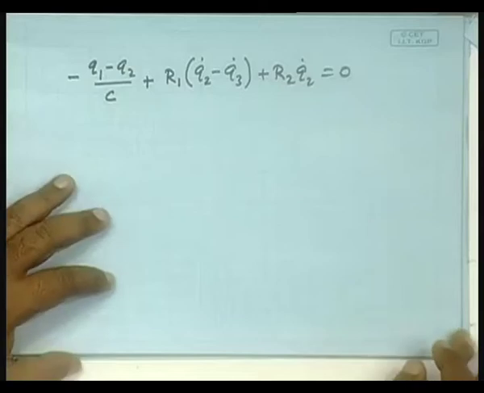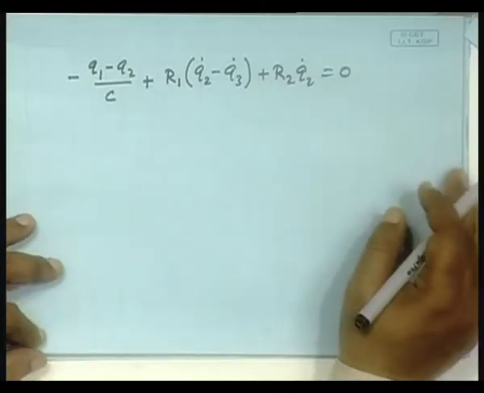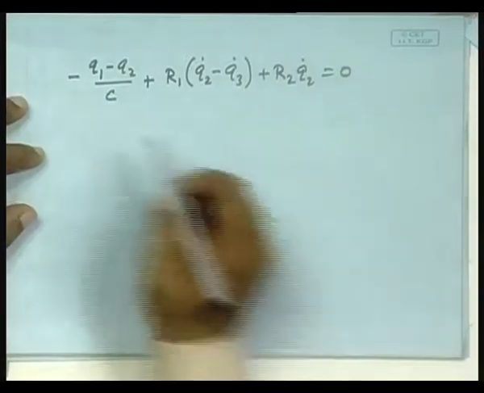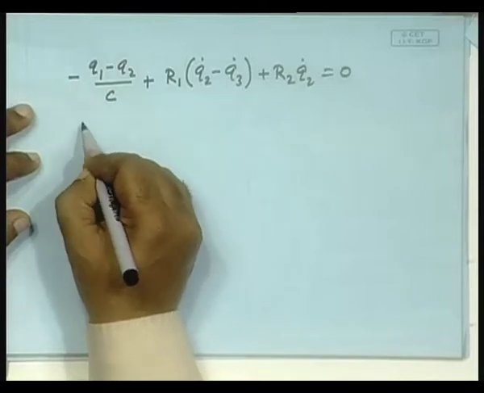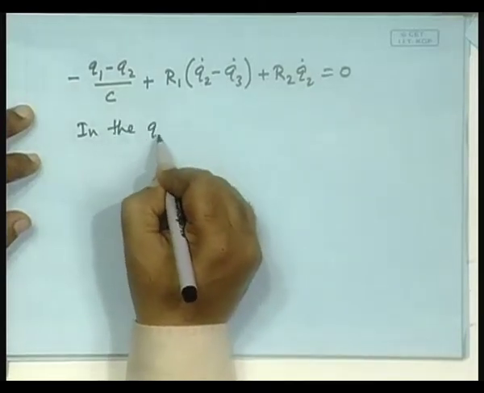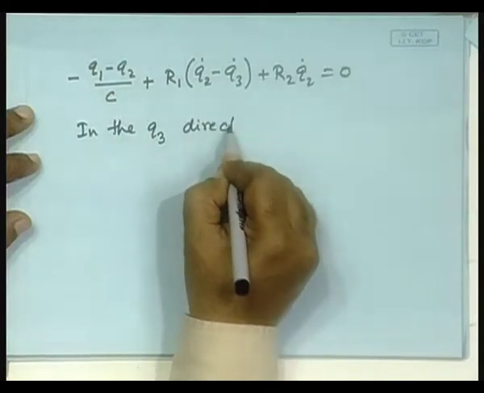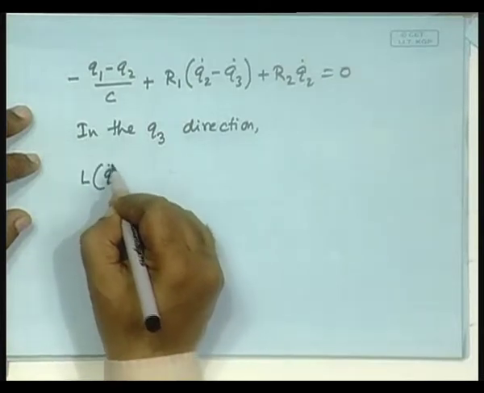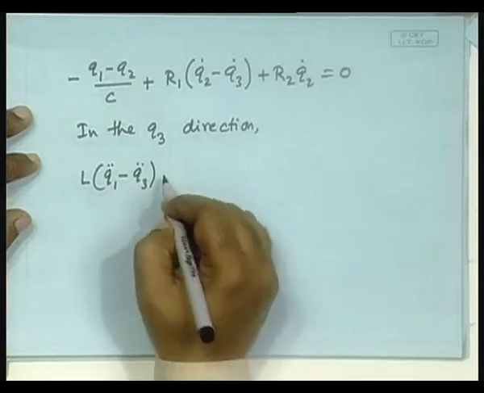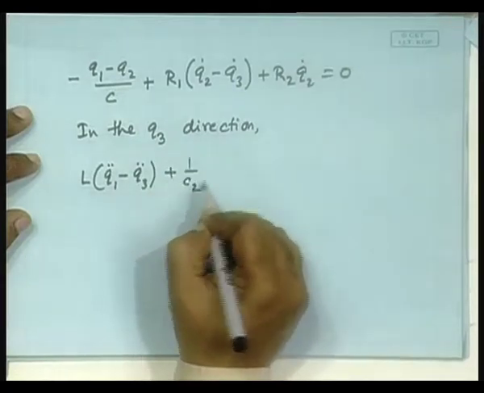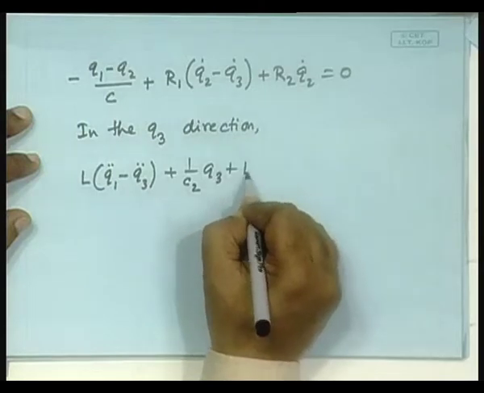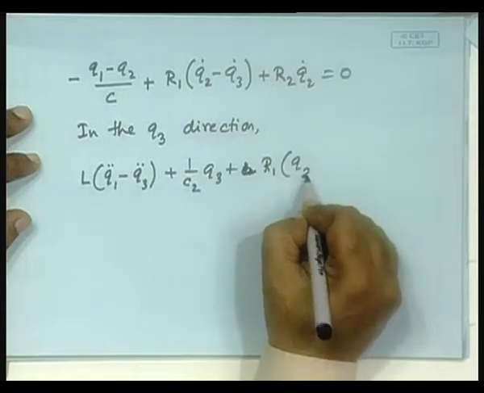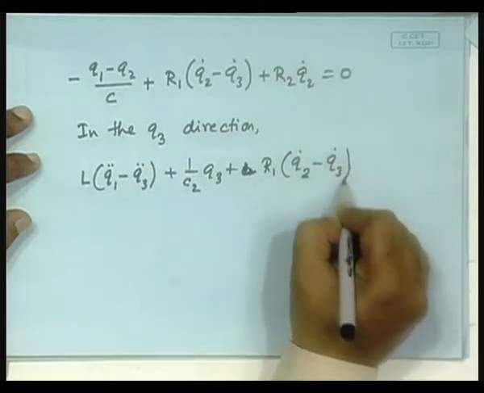right, done. Similarly, you obtain the equation in the third direction, and it will actually take the form L (q1 double dot minus q3 double dot) plus 1 by C2 q3 plus R1 (q2 dot minus q3 dot).